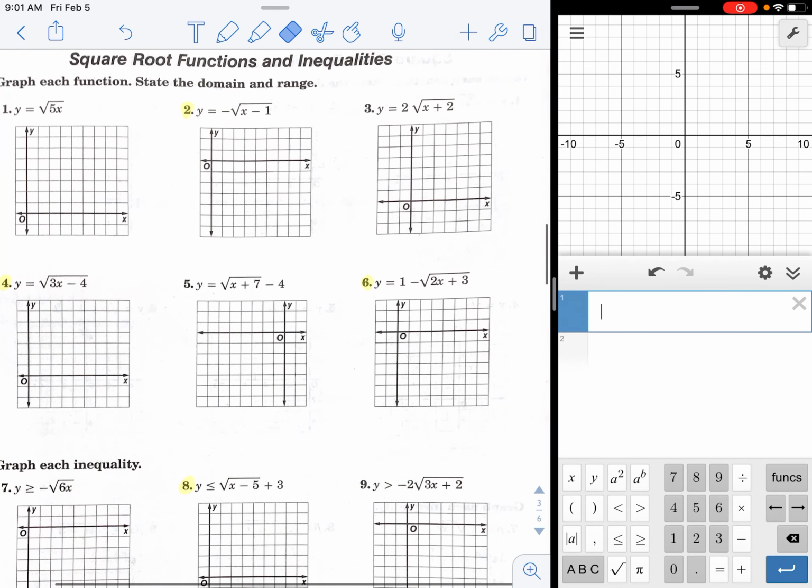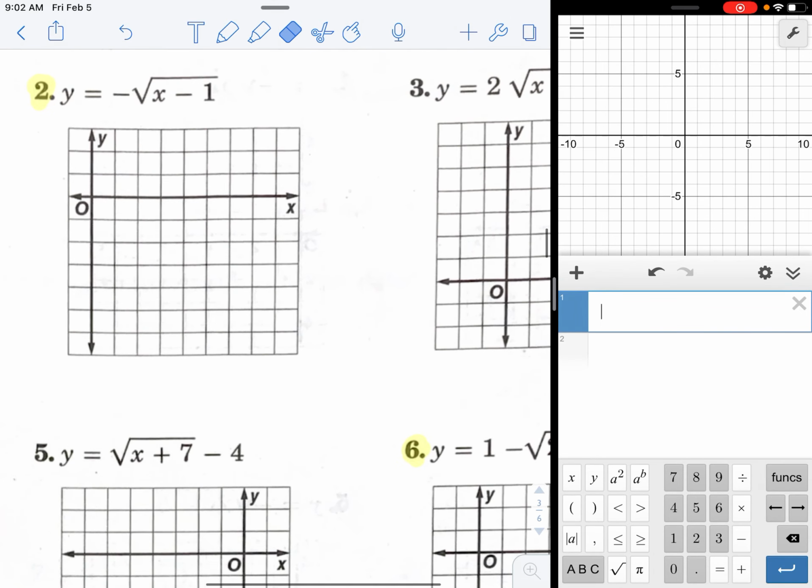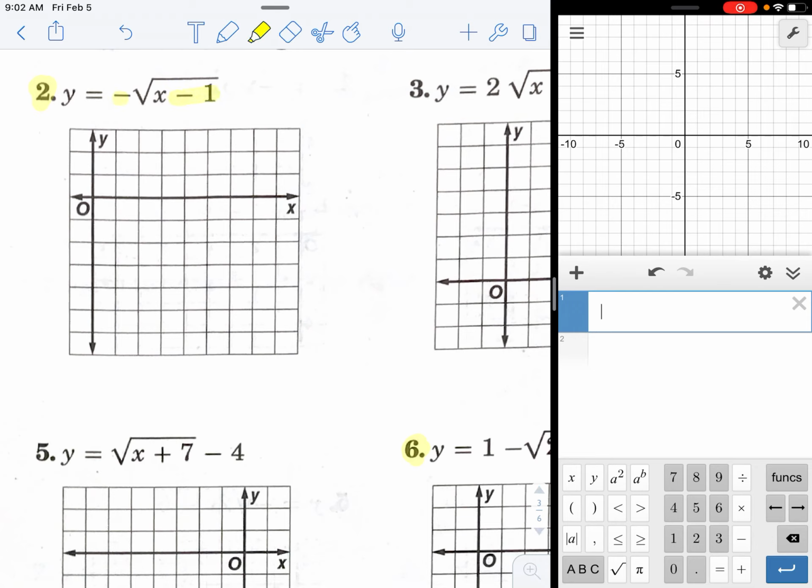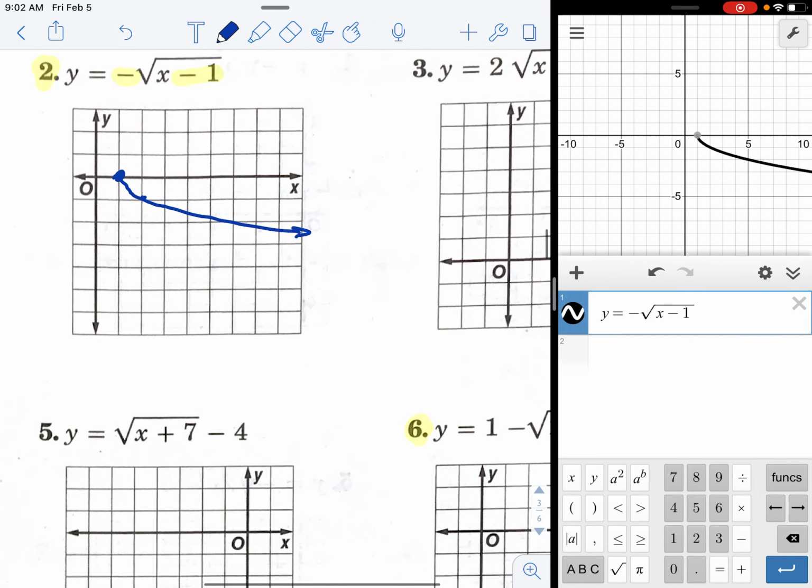For the rest, I'm just going to do Desmos because I'm guessing that's how you're going to do it. I know this one is going to be shifted right 1 and upside down. I can almost just not help myself from talking about that. But if you're using Desmos, there you go. So right here, and it sort of goes like this. The domain, the x values, well, they appear to start at +1 and go to infinity. So x is greater than or equal to 1.